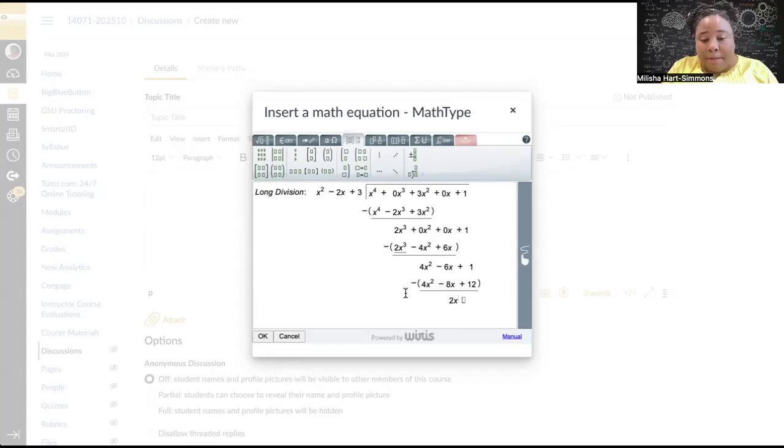And 1 minus 12 would be a negative 11. Okay? So since this remainder, 2x minus 11, has a degree of 1, and our divisor has a degree of 2, that implies we're done with this long division.